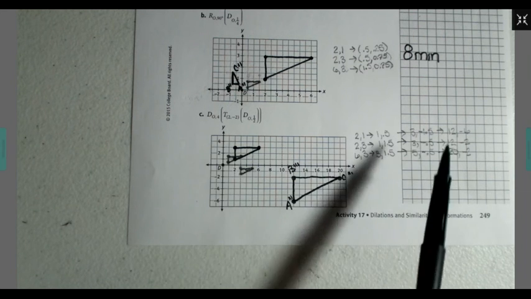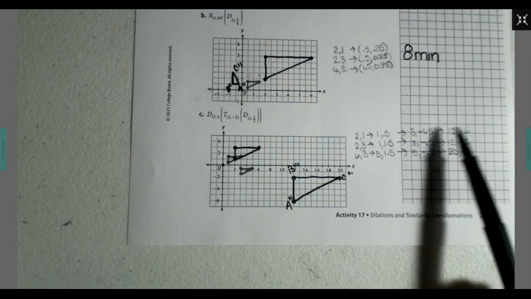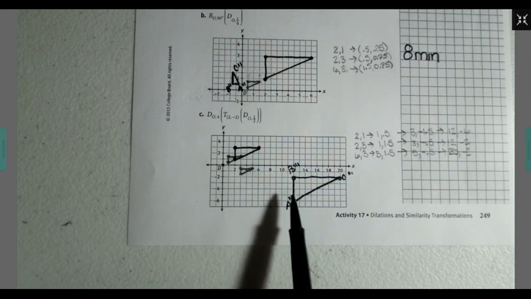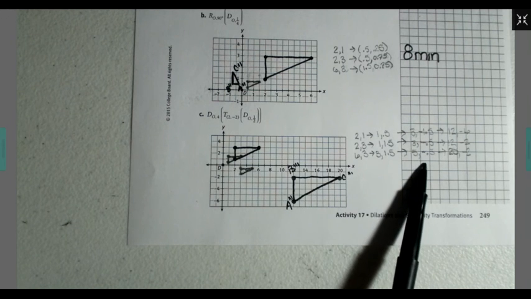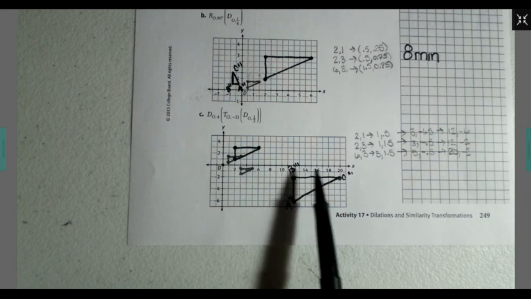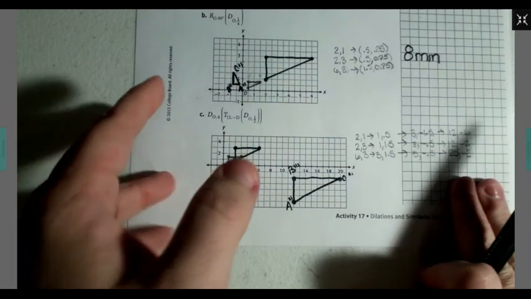And then it said, take your numbers and multiply by 4. So I took what was here and I multiplied by the scale factor of 4. So here, this would have been prime. This would have been my double primes. And this is my triple prime. So please notice that I have 3 little markings here. On to the next question.